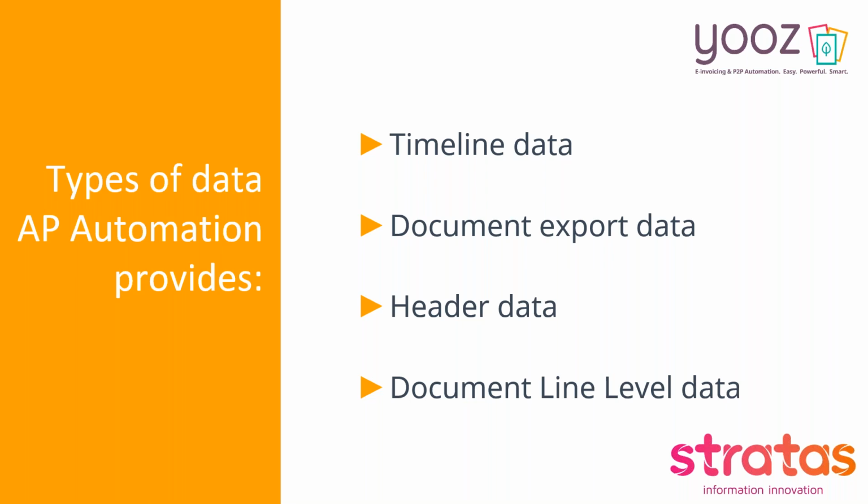And finally, we can see on the board, document line level data. This is when you can analyze data from your purchase lines, like purchase requisitions, purchase orders, to create insightful analyses. Without an AP automation solution, extracting this information can be very time consuming and not easy to manipulate when it comes to running your chosen analysis.